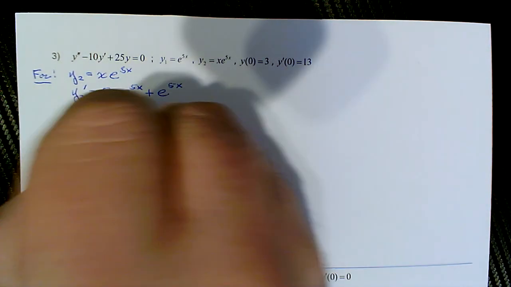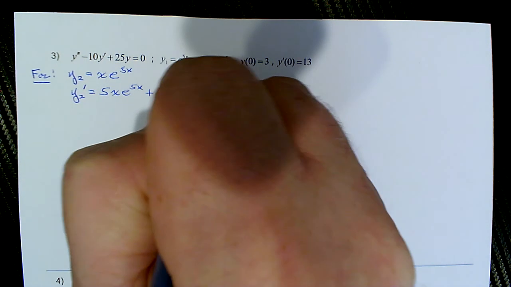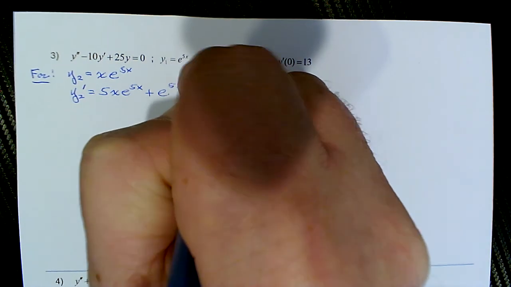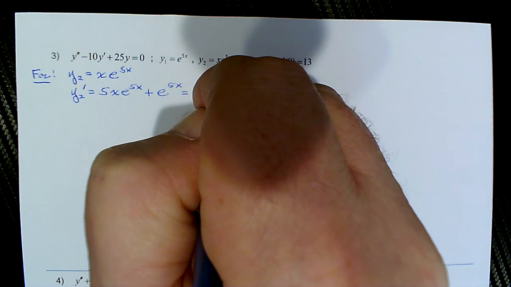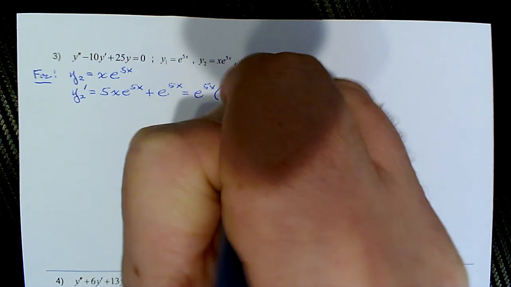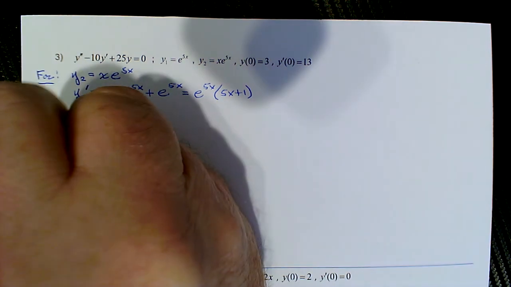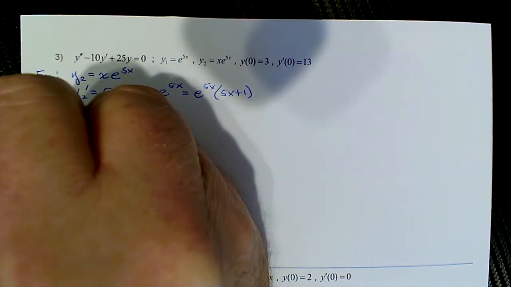So here's a situation where if I want to find the second derivative, it might be advantageous to factor out e to the 5x. You don't have to, but I'm going to choose to do so. And now for my second derivative, y sub 2 double prime.